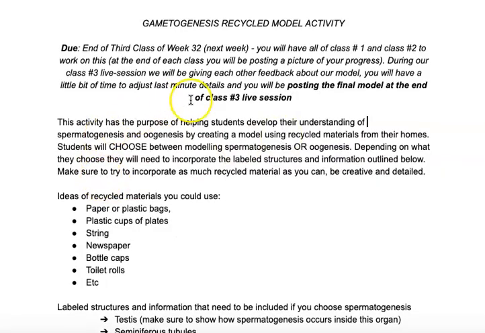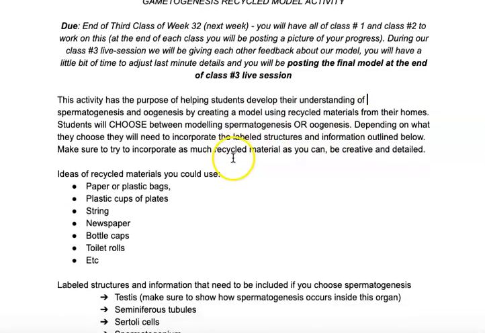This activity has the purpose of helping students develop their understanding of spermatogenesis and oogenesis by creating a model using recycled materials. Students need to choose, keyword, choose between either spermatogenesis or oogenesis to model. Depending on what you choose, you will be incorporating different structures and different labels.